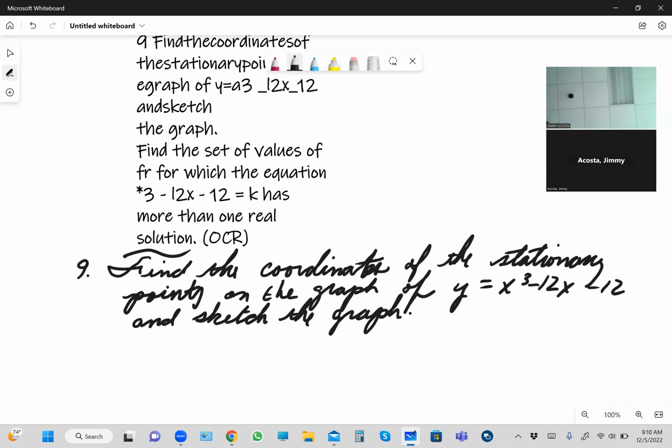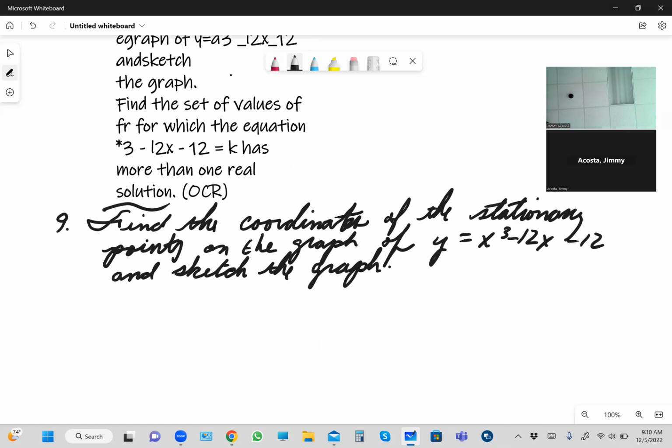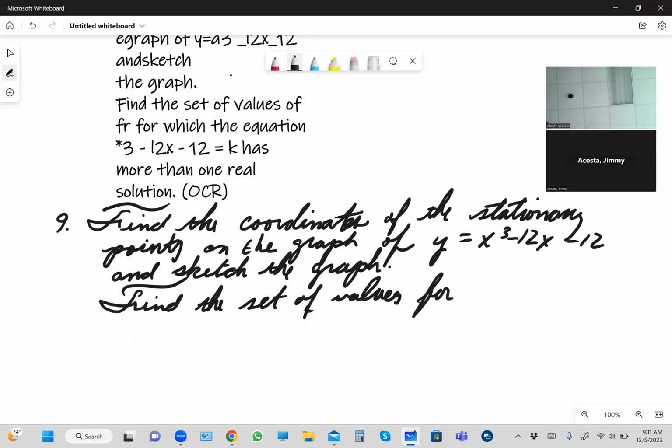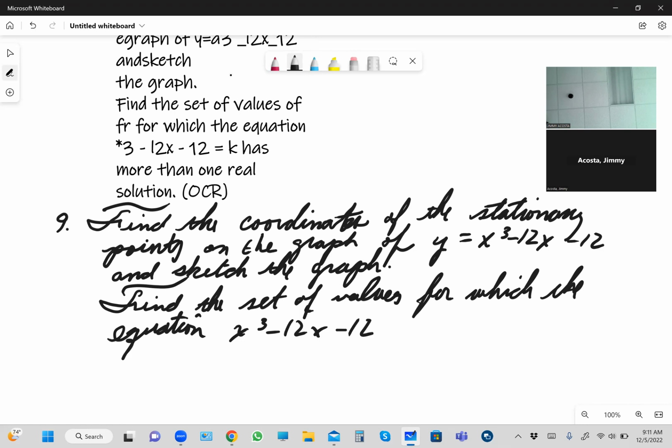And then it says, find the set of values for which the equation, what's the equation? x cubed minus 12x minus 12 equals k, right?